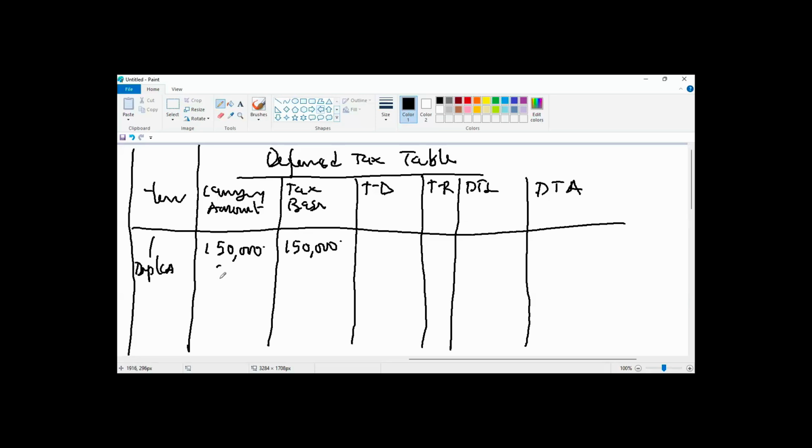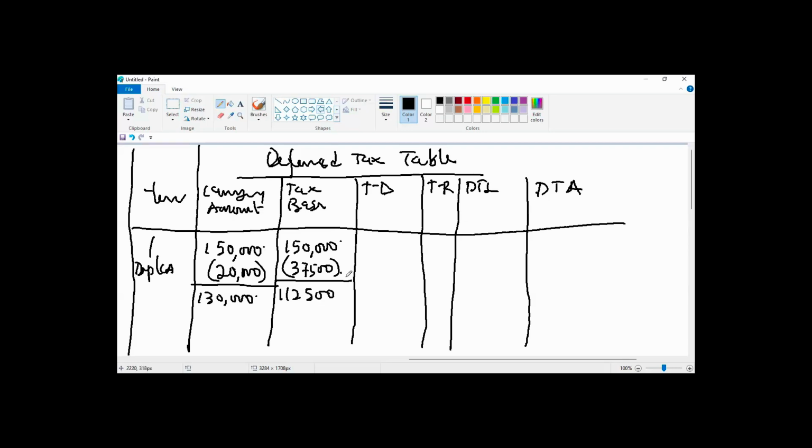Depreciation of 20,000 was charged, while capital allowance of 37,500 was granted. So 150 minus 20,000, that is 130. 150 minus 37,500, 112,500. So at the end of year 1, 112,500.